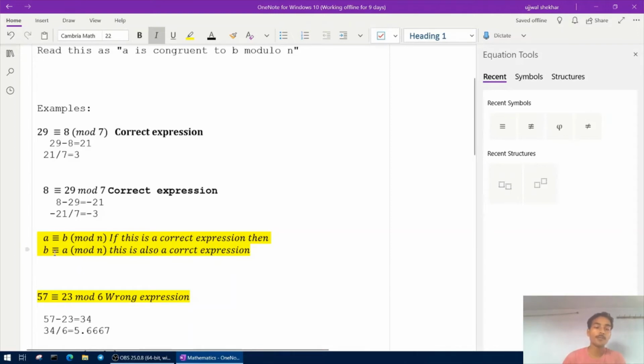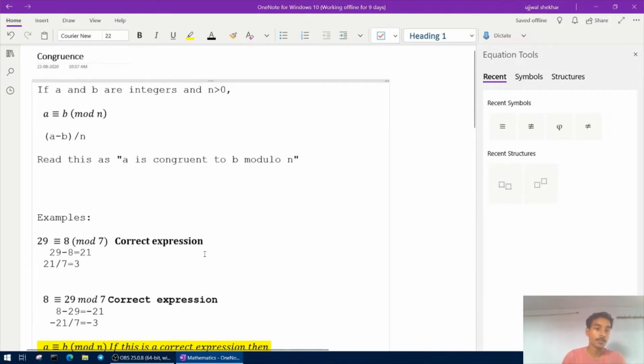Why? If a minus b is divisible by n, then b minus a is also divisible by n. So it is common sense, right? If 4 minus 2 is divisible by 2, then 2 minus 4 is also divisible by 2. So this is how you can understand what congruence is.